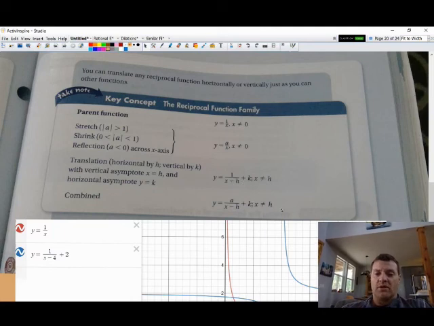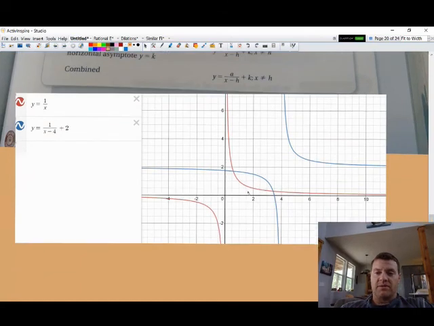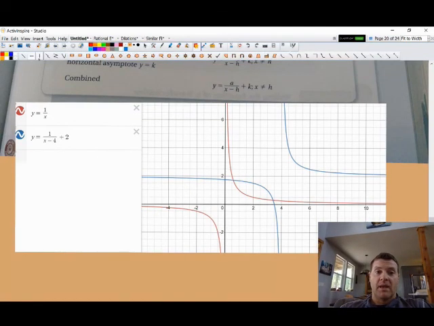So you can see this is what our combined is going to look like, and I will show you how this changes, okay? What I did was I subtracted 4 on the bottom. That means I'm sliding it right 4. And as I slid this right 4, it went from my asymptote of x equals 0 to now my asymptote is going to be x equals 4, because it's never going to touch that right there, okay?